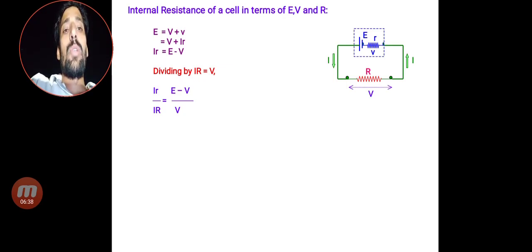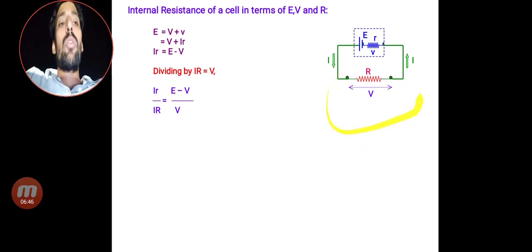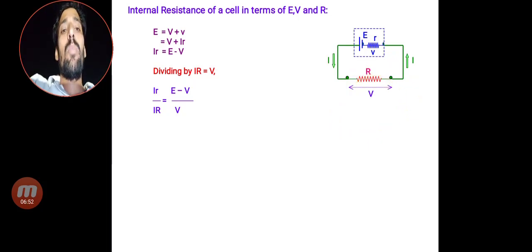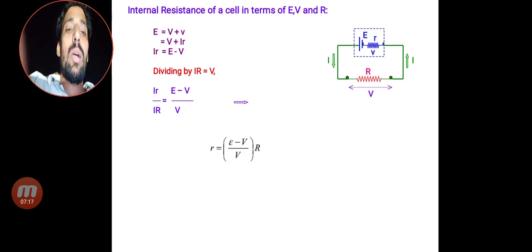So I r equals E minus V. We know that the terminal voltage is the same as the potential drop across the external resistor, capital V, which will be I R. Divide the left hand side by I R and the right hand side by capital V. I will cancel out. Hence, small r, the internal resistance, will be EMF minus terminal voltage upon terminal voltage into capital R. That is, E minus V upon V into capital R.